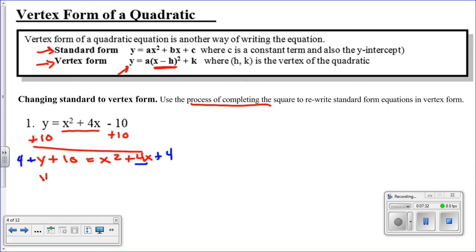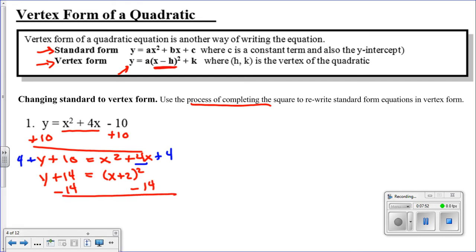So on this side I end up with y plus 14, and on the other side I end up with a perfect square binomial, which is x plus 2, the whole thing squared. Now normally we're looking to take the square root of both sides, but that's not what we're going to do here. All we have to do is move the 14 over. So we put the 14 back, and we end up with y is equal to x plus 2, binomial squared, minus 14.